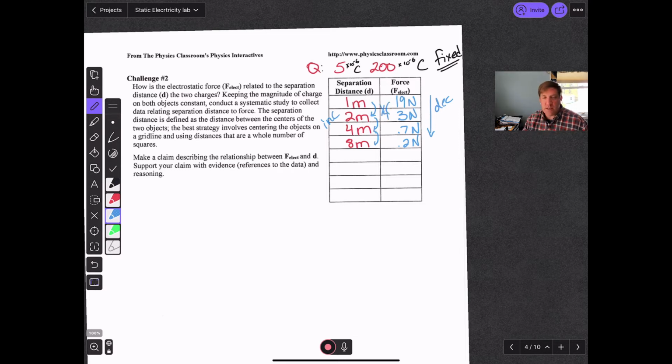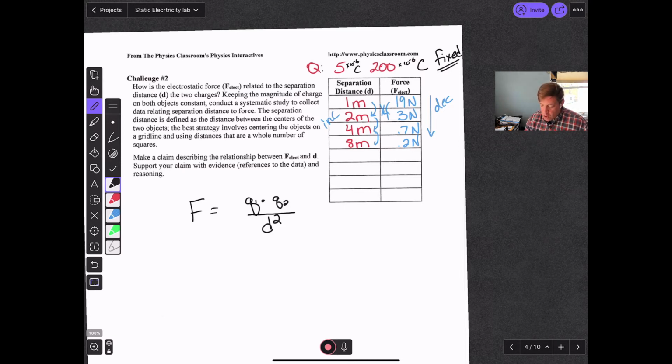Doubling each one is reducing it by a quarter of what it was before. So Coulomb's law, he didn't just leave the Q's up there in the formula, Q1 and Q2. He realized that the distance factor was more important, and he knew that because it is a squared factor. It's an exponential factor.